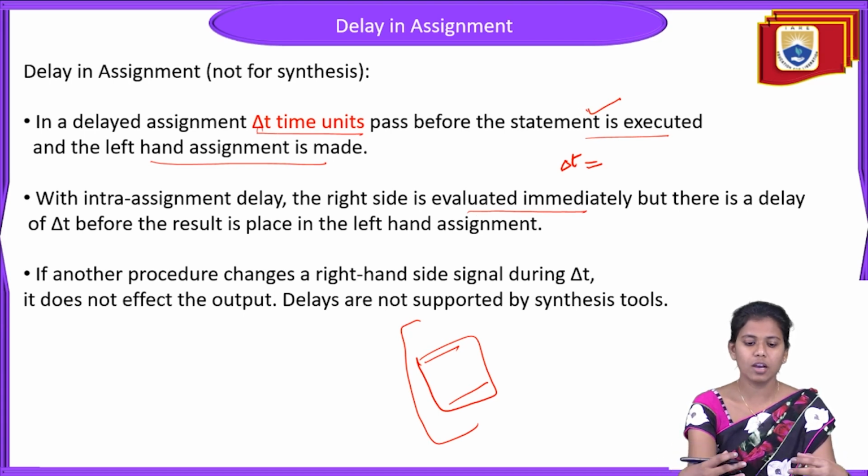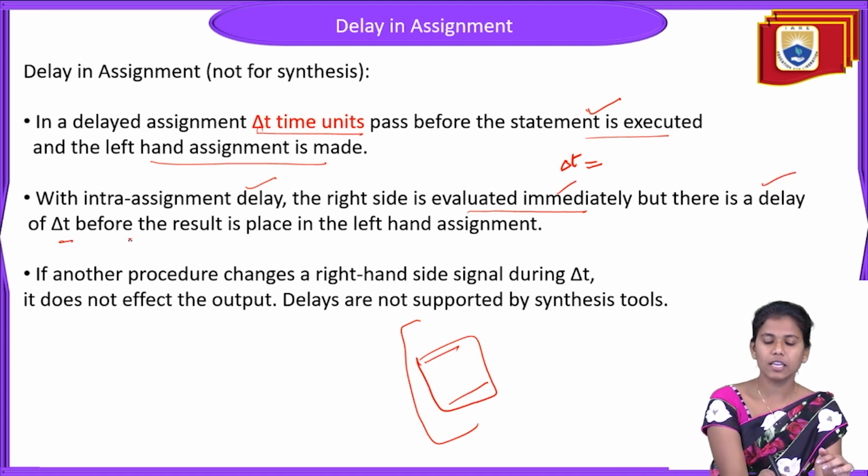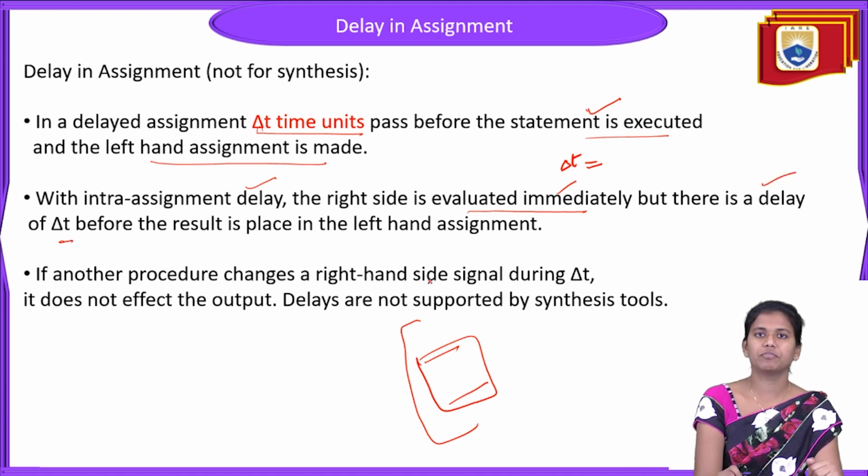Intra assignment delay means that within the initial or always block, the right hand side is evaluated not with some delay but immediately, and there is a delay of delta t before the result is placed in the left hand side.